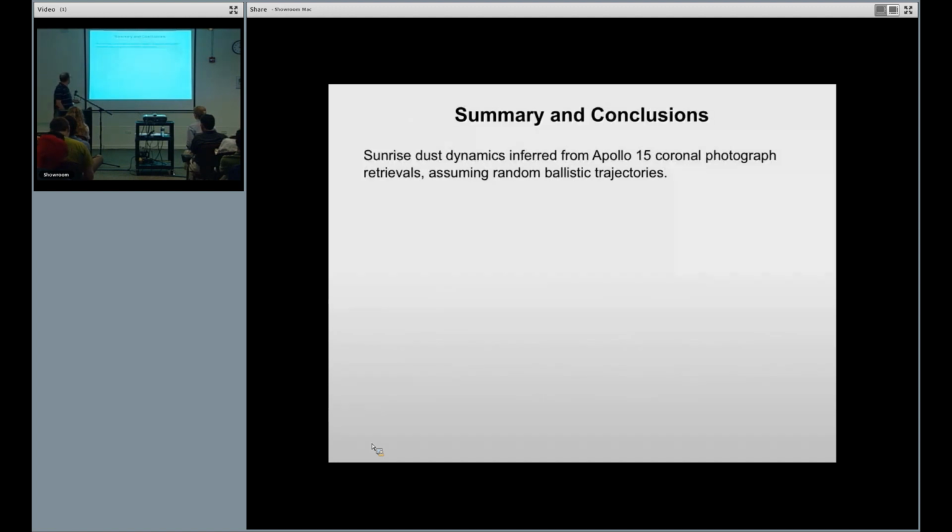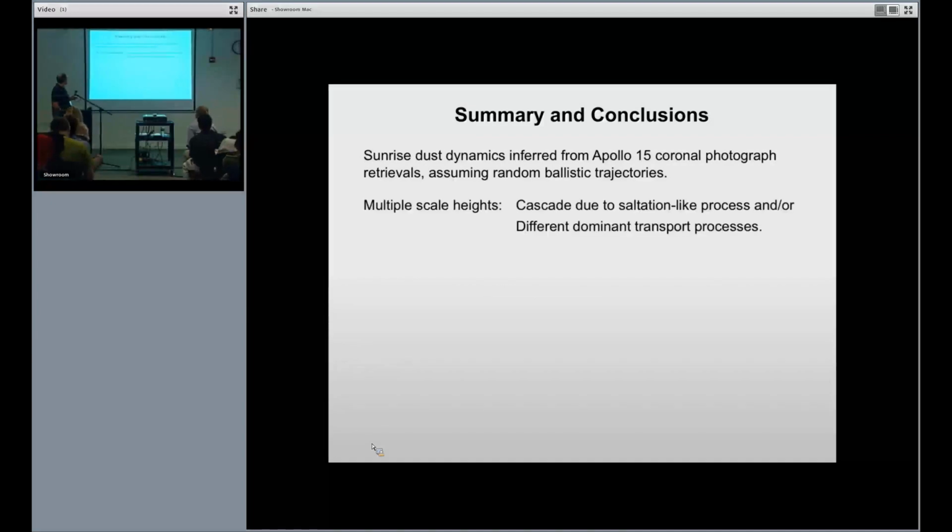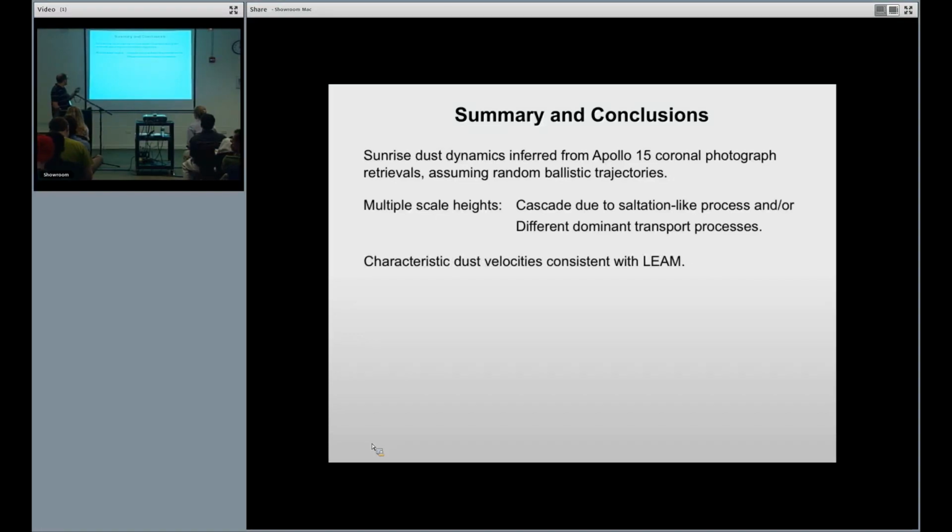Okay, so a quick summary. We've looked at the sunrise dust dynamics from Apollo 15, assuming random ballistic trajectories. The multiple scale heights could hint at a cascade-type saltation-like process and/or different transport processes at different altitudes. The characteristic dust velocities are consistent with LEAM.